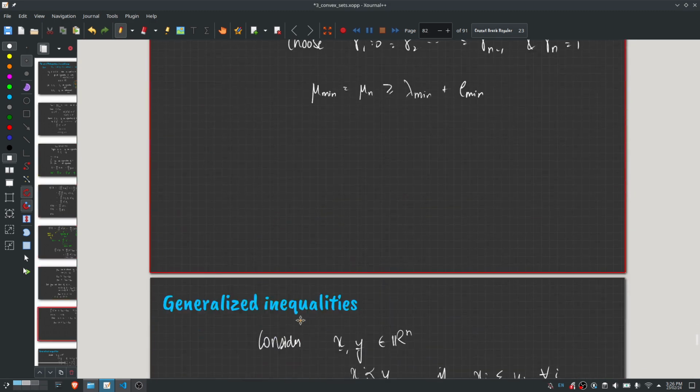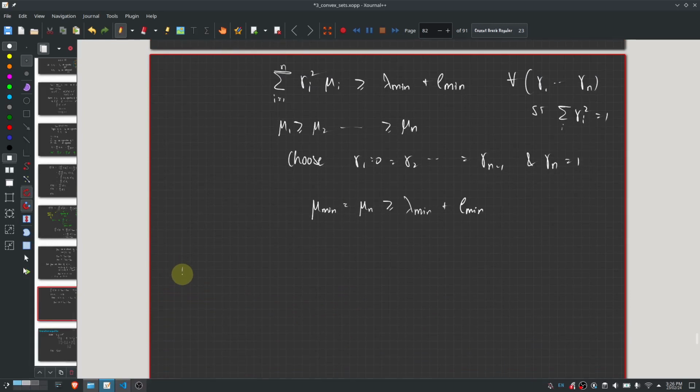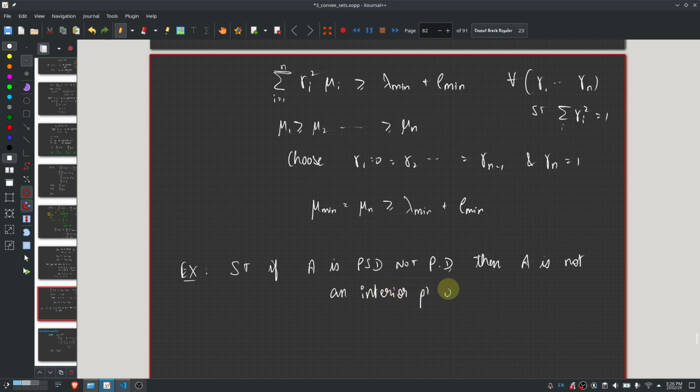Okay, yeah, so the exercise: show that if A is positive semi-definite but not positive definite, then A is not an interior point of the set of PSD matrices.